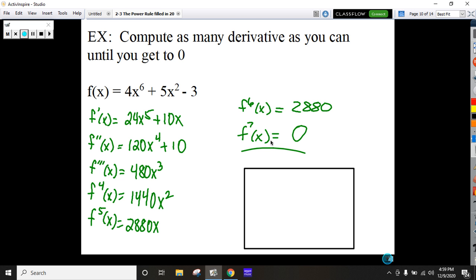If we're working with negative exponents or fractional exponents, we can continue indefinitely and we will never hit 0. So I'll only ask you to do this with ones that you can actually hit 0. But once we hit that 0, we're going to stop. So this one took 7 derivatives. And usually it's one more than the biggest exponent, to give you a helpful hint. Like I said, usually I format it as giving you a definitive, okay, I want you to find the fourth derivative or the fifth derivative. This time I just wanted to do that until we hit 0.